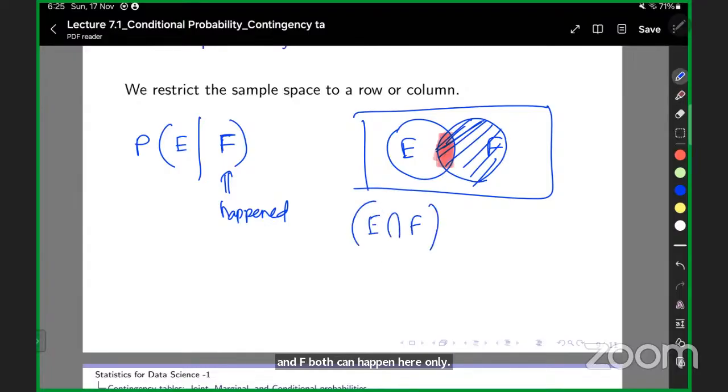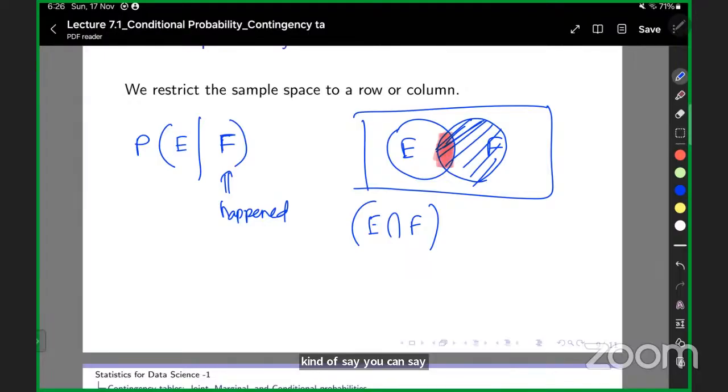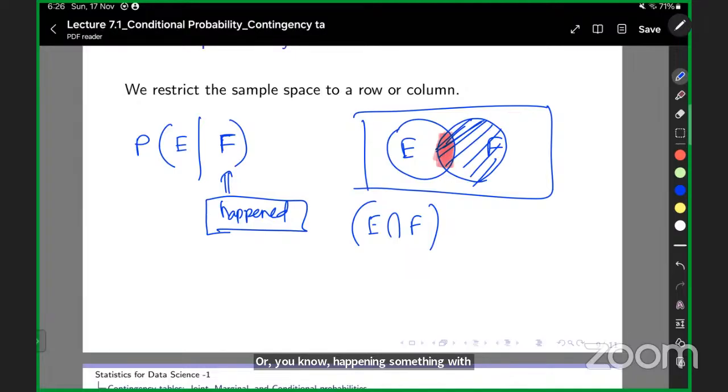Since we were given that F has already happened, now we want to figure out the probability, so it will affect the happening of E. Earlier we didn't know that F had already happened, which is what we did before today's lecture. But now the question is, already something has happened, how will it affect the next thing, or something which should have happened together?